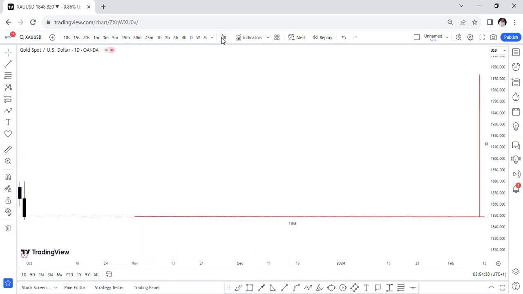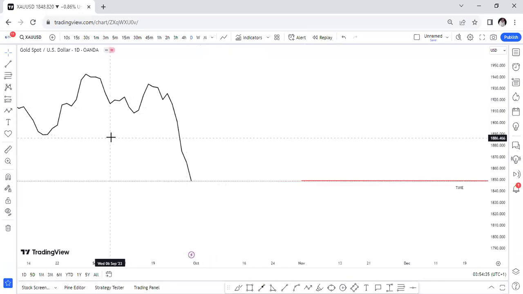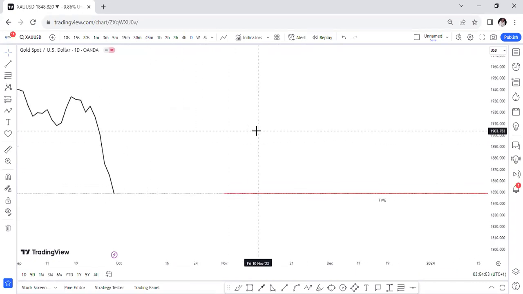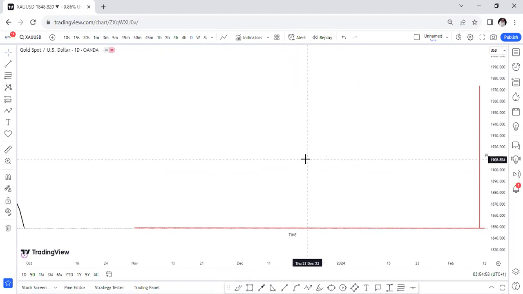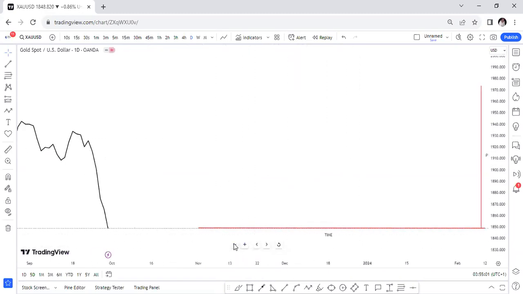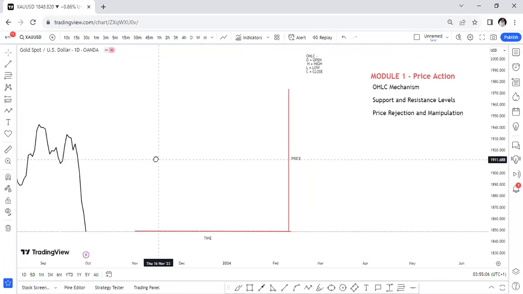But for line charts, it ignores the high and low price information, and it dictates the body of the candlestick relative to where it closes. That is for line charts. So it places much more significance on the body of the candlestick than the wick.